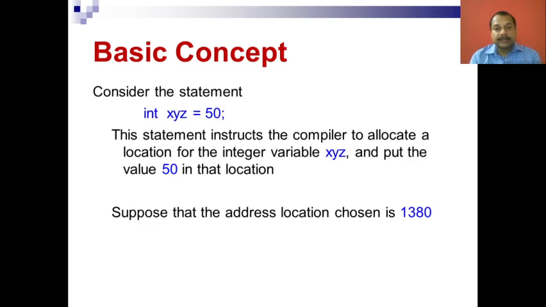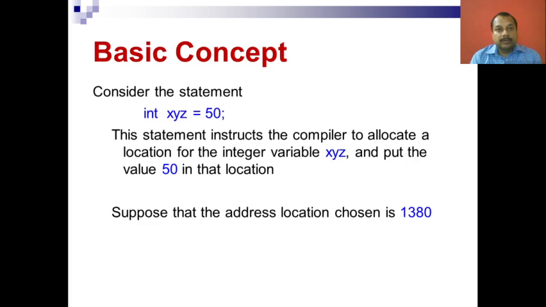Please note that this address location will definitely vary if you print your address location in your system. Okay. So throughout our video lecture, we will assume that this address location is some unsigned integer value, and it will vary with the address you will get in your system.